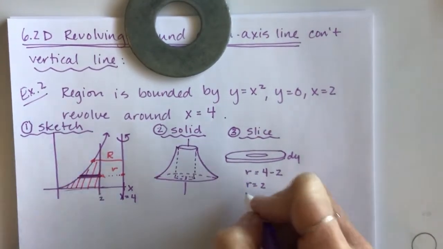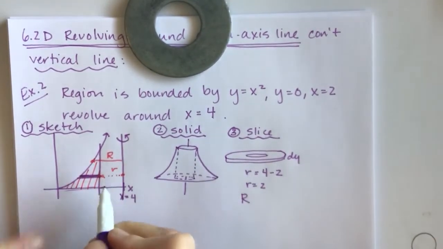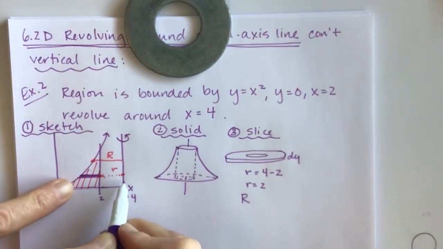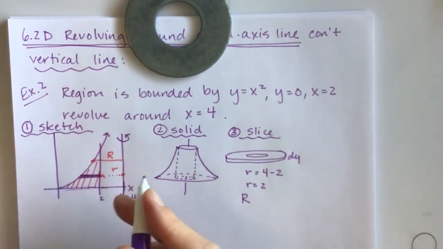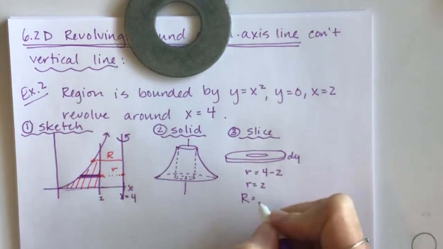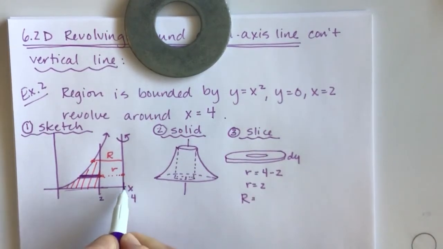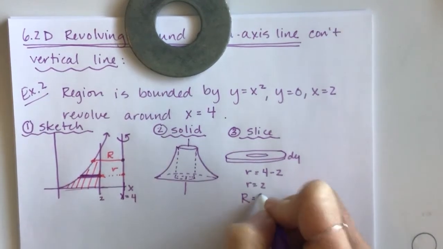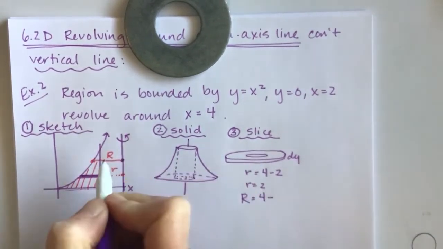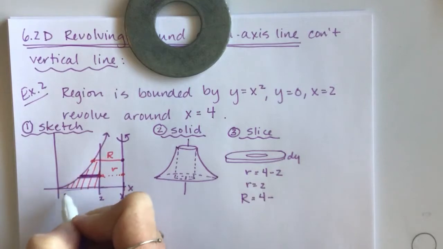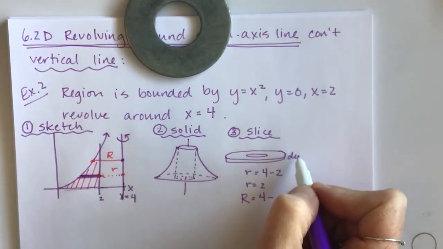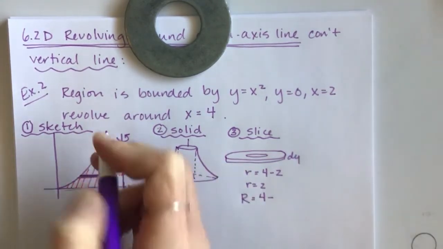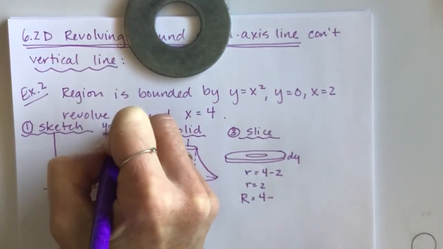But big R, though, changes, right? It's like really big down here, and it's getting smaller and smaller and smaller as we go up. So our big R is, again, still going to be the right function where it touches on the right side, which is 4, minus, and now we need it in terms of y, right? So we can't write x squared.